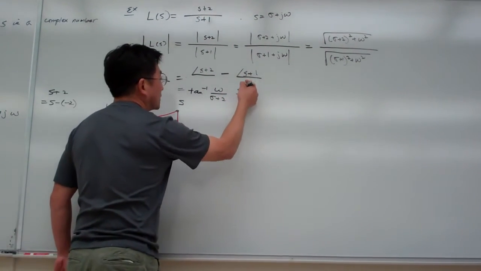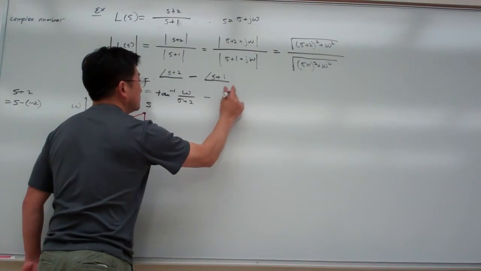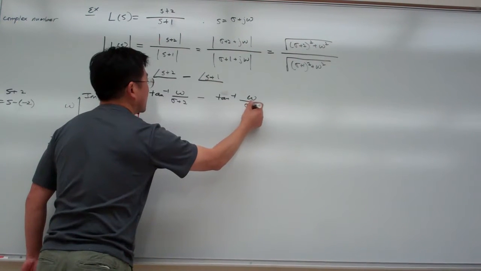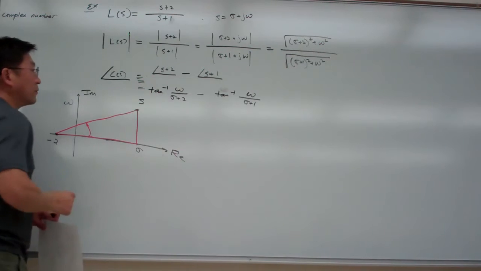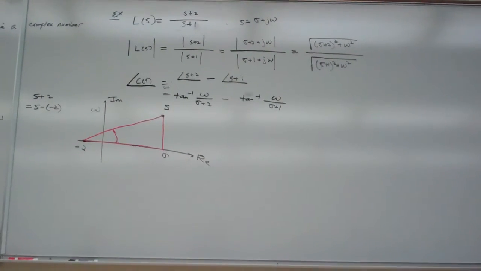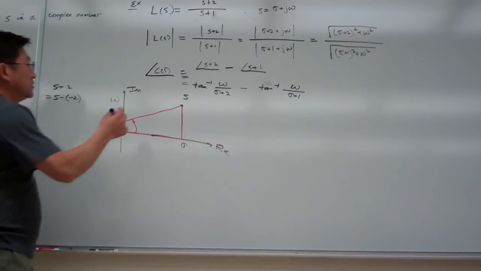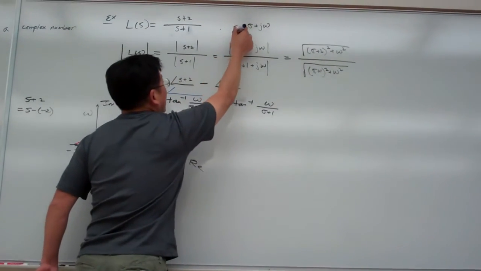So in a similar way, this one will be equal to arctangent of the imaginary part omega over the real part sigma plus 1. So maybe in between, I need to add one more line to express the real part and imaginary part. So here, if you like, you can add one more line: s plugged into here.